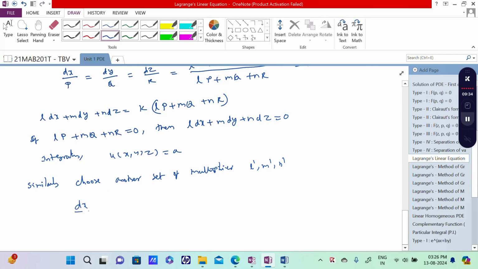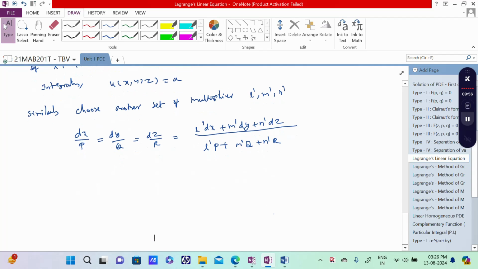Therefore dx by P, dy by Q, dz by R equals l dash dx plus m dash dy plus n dash dz divided by l dash P plus m dash Q plus n dash R.